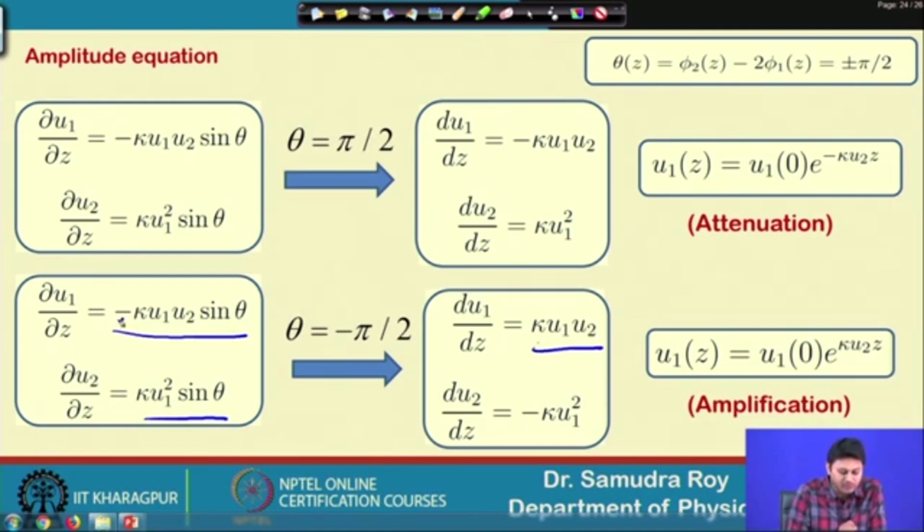So, this negative sign is going to absorb. So, we will have plus kappa u 1 u 2 for u 1.